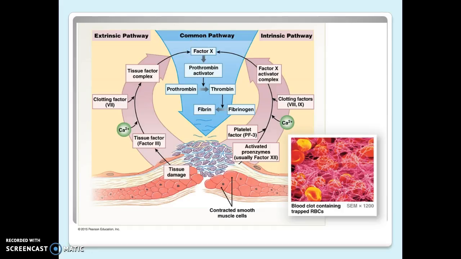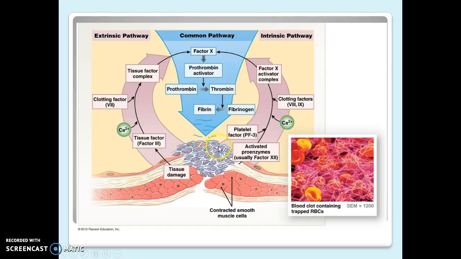The intrinsic pathway takes a little longer to get activated, so this one happens right away. Tissue damage, and immediately we're going up this pathway. On the intrinsic pathway, it takes a little longer because now the vascular spasm happens. I have to have platelet factor being released, and then this platelet factor actually becomes connected. And again, you can see I've got calcium ions here.